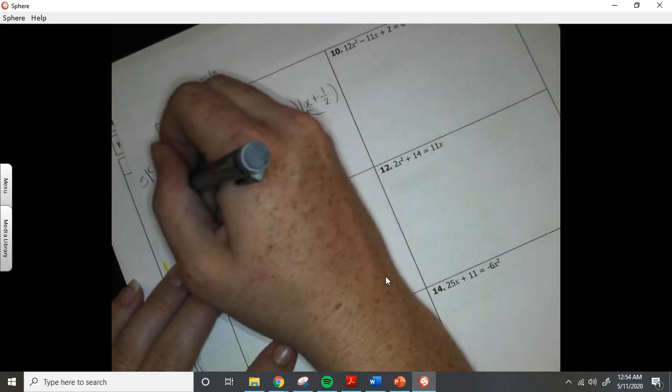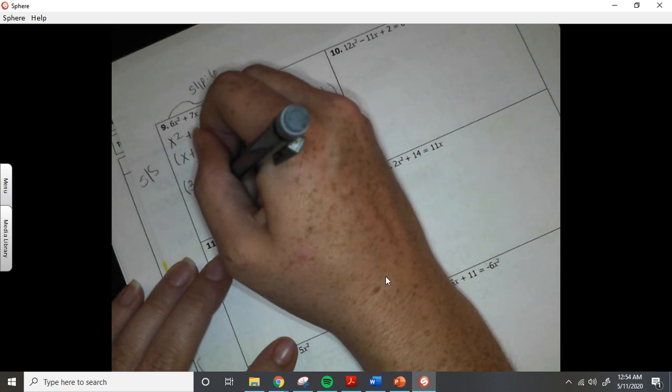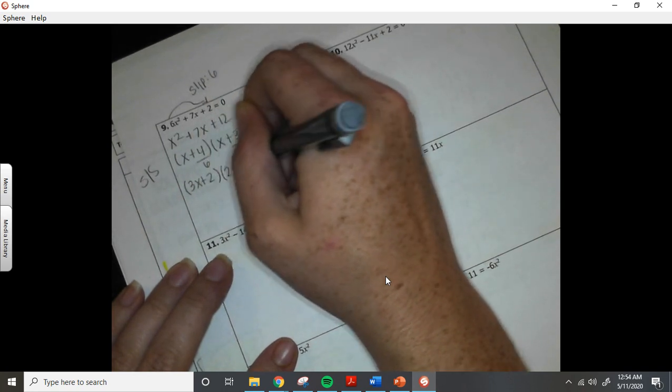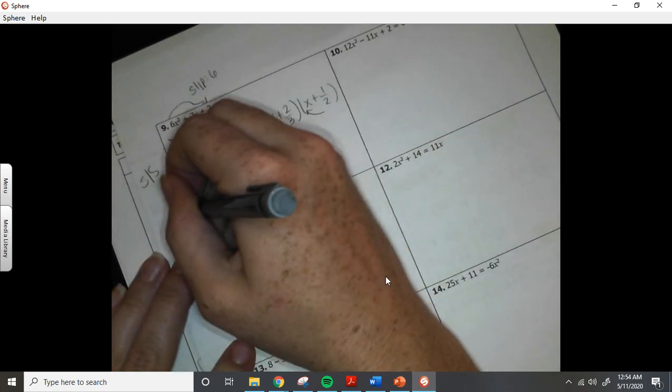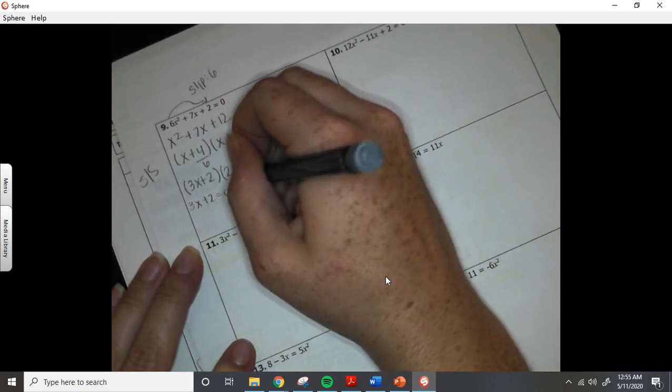So 3x plus 2 times 2x plus 1, and then we solve. 3x plus 2 equals 0, and 2x plus 1 equals 0. You kind of know you're going to have a fraction if you're doing a slip and slide.